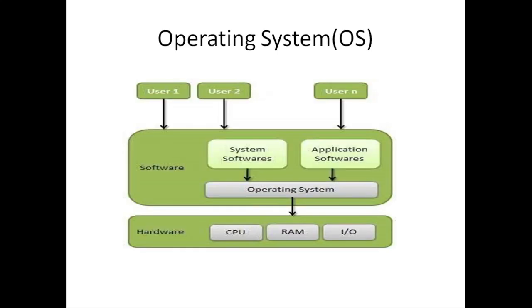Now let's talk about what is an operating system. If you see this diagram, the operating system lies between the hardware and the user. If I simply define it, an operating system is a software that acts as a bridge between the computer hardware and the computer user.